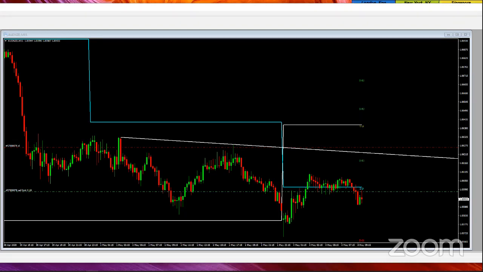And I will tell you the numbers as soon as I get this trade. 1.0598, sorry, 1.0626 for your stop loss with the sell at 1.0598. Let's make sure that's going in as well.